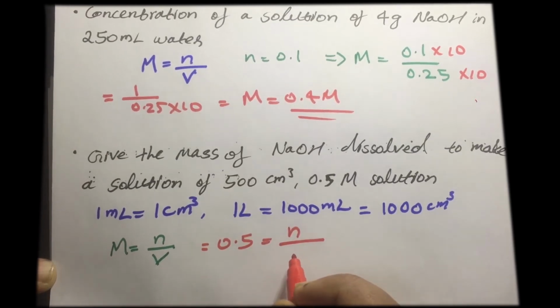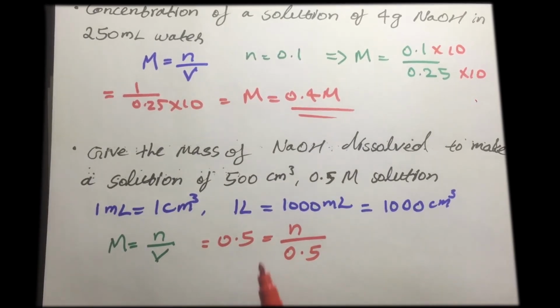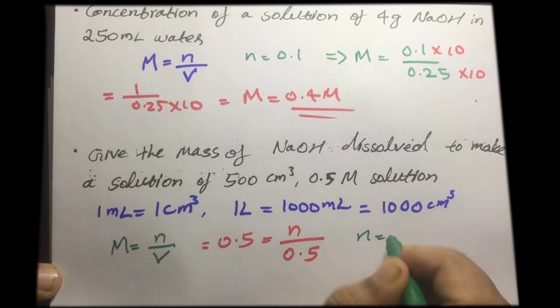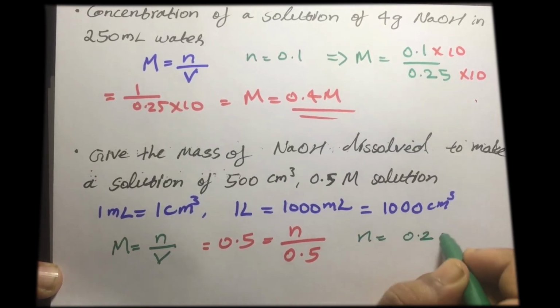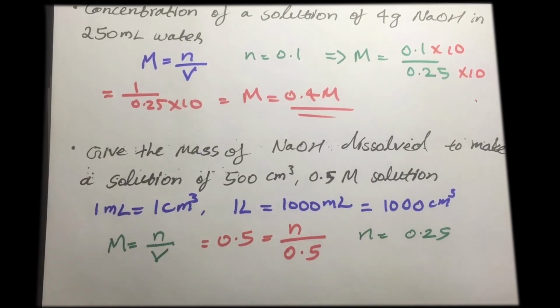Take 3 points backward, so volume will become 0.5. So from here we can find n. n is equal to 0.5 into 0.5, that is 0.25.